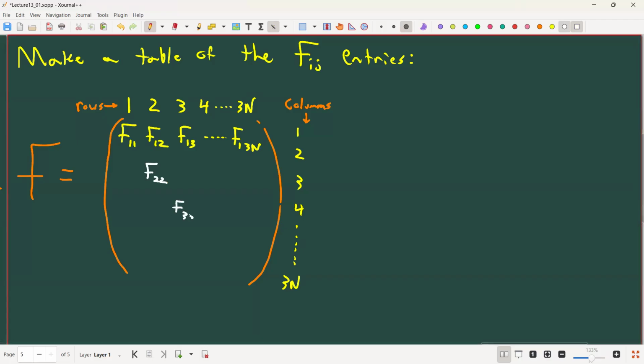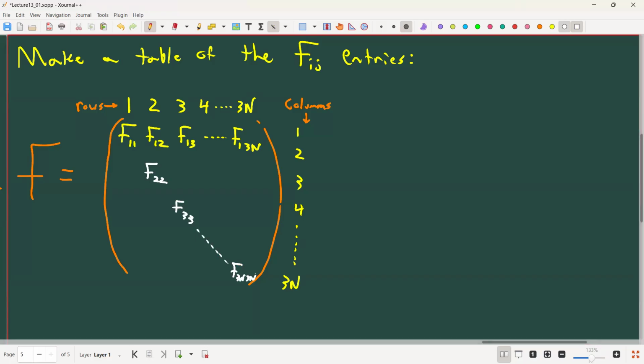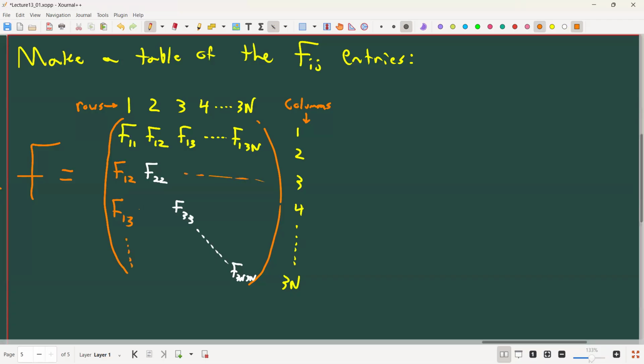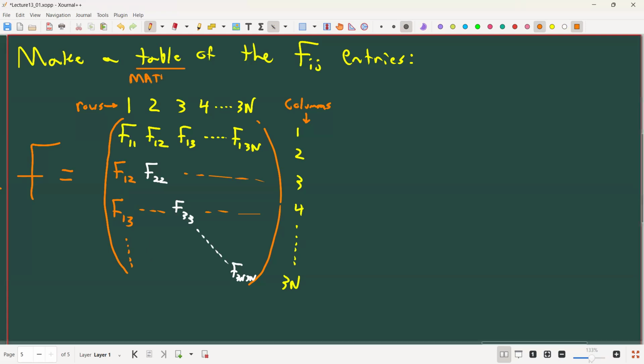I've got these diagonal ones, where we're looking at the square of the coordinate. They're kind of like the diatomic displacements. And I can go down the rows too, with F12, F13, and so on. Of course, if you're clever enough, you should know that this is not a table, but a matrix.